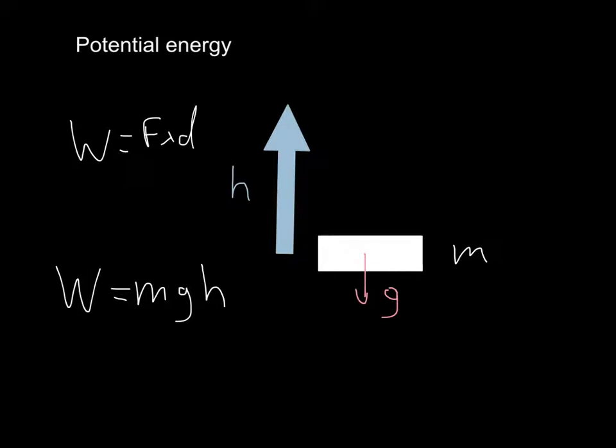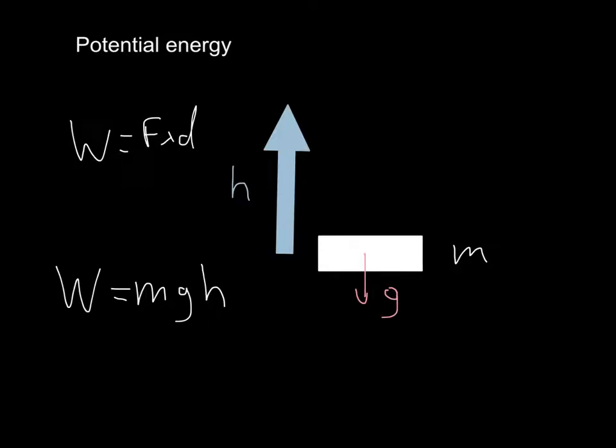However, now we know that this work turned into energy. And this type of energy is called potential. It's really energy that's related to position, so maybe it should be called positional energy, but it's not. It's called potential energy because, in a way, we're saying that this energy has the potential to become movement energy, which we will talk about later on.